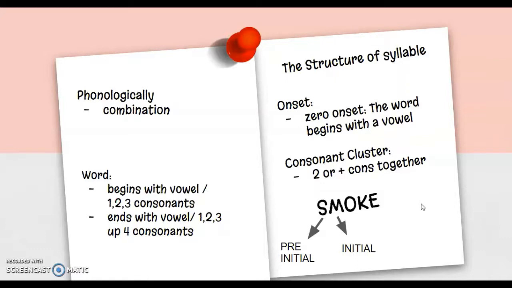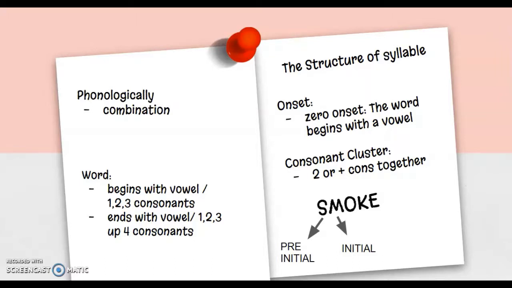In other words, what can occur at the beginning, at the first word, when we begin to speak after a pause. Okay, so when we talk about the phonological point of view as regards the syllable, we're going to talk about the combination between vowels and consonants, okay?